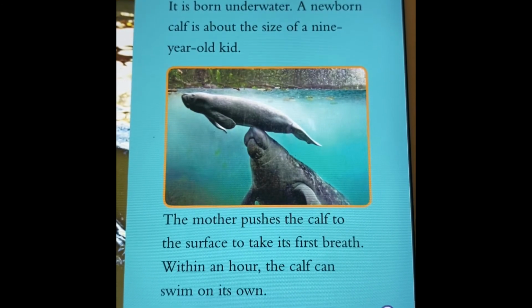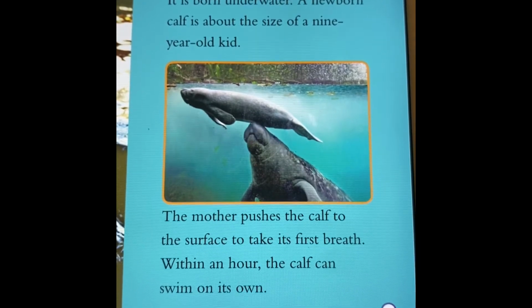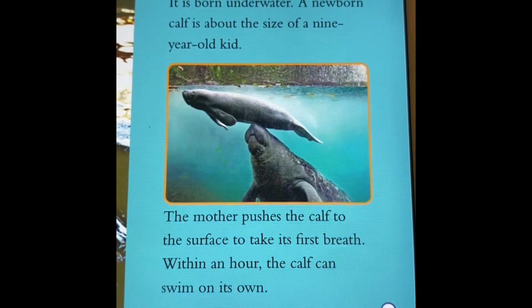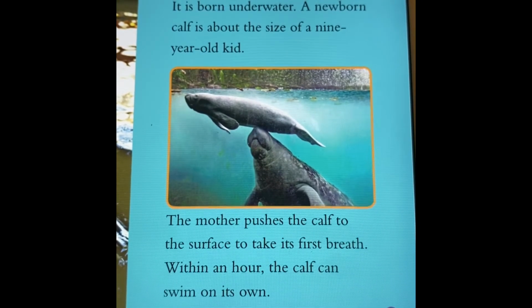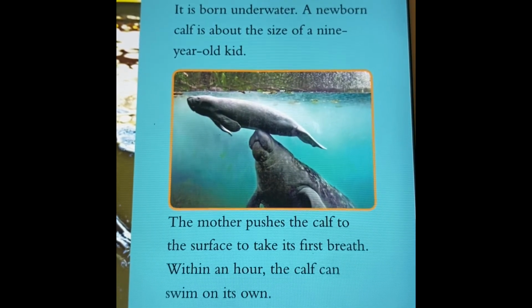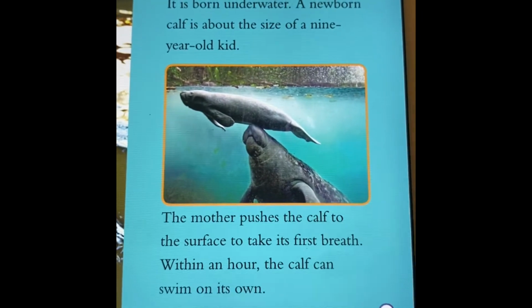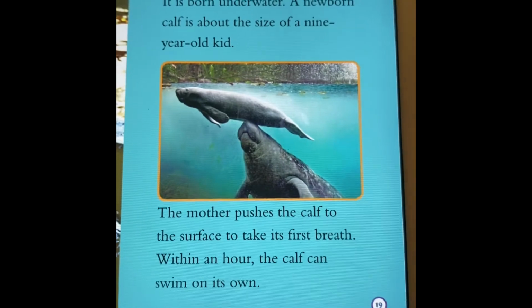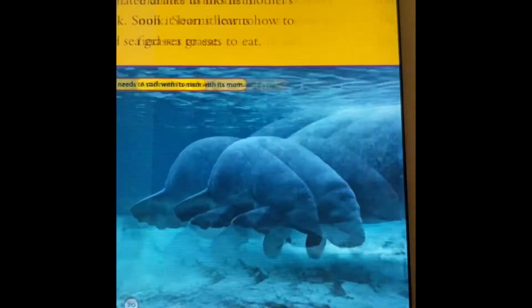That means, like, if you have a big brother or big sister maybe, that's the size of a newborn baby manatee. The mother pushes the calf to the surface to take its first breath. Within an hour, the calf can swim on its own. Could you imagine being 1 hour old and being able to swim already?